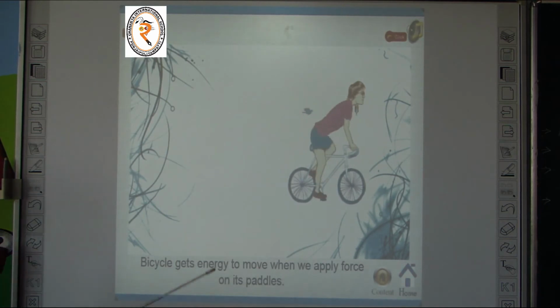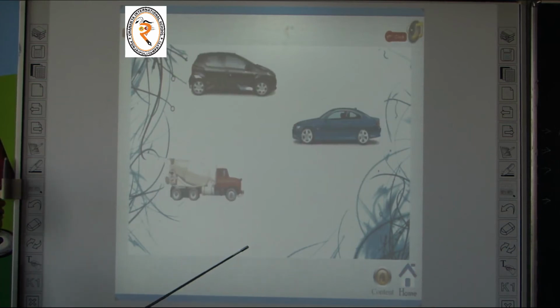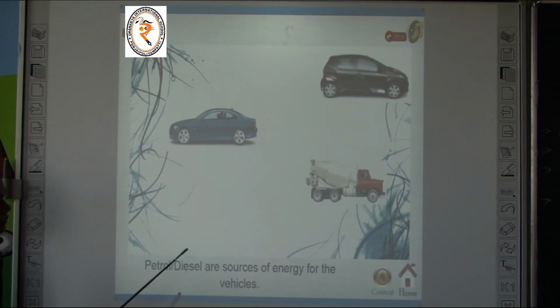See, look at the picture. A bicycle gets energy to move when we apply force on its pedal. But see the pictures. See, cars use petrol or diesel.